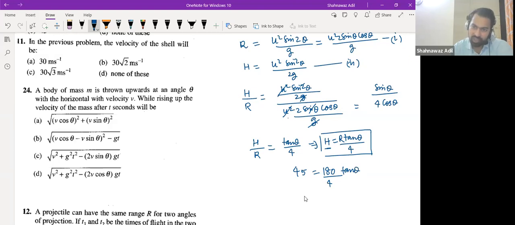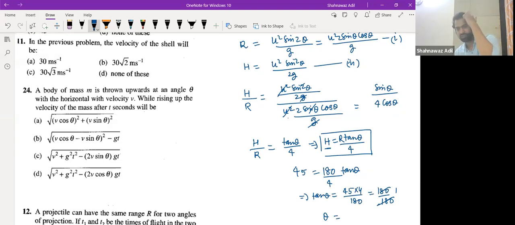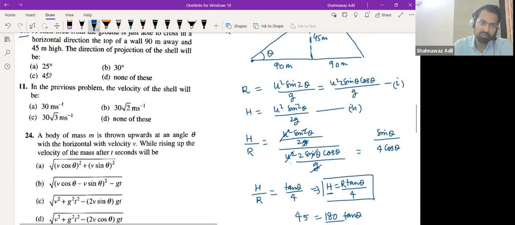So tan theta is 45 into 4 divided by 180, which is 180 by 180. So theta would be how much? Tan theta is 1. For what value of tan theta is this angle 45? So theta is 45.